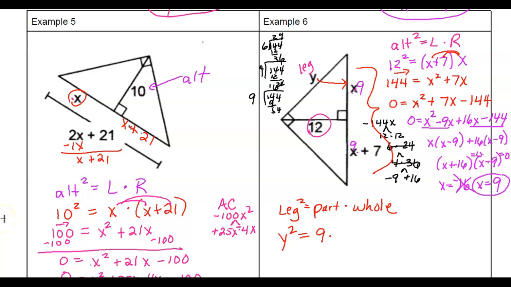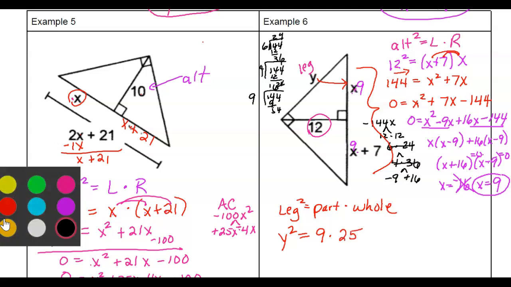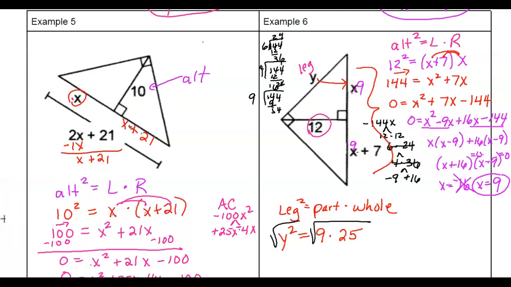So if that's 9 and that's 16, we have to add them all together, and we get 25. So we'll take the square root. That's 3 times 3, that's 5 times 5. They're both doubles. So y equals 3 times a 5 that comes out, and there's nothing left for a root answer. So y equals 15.